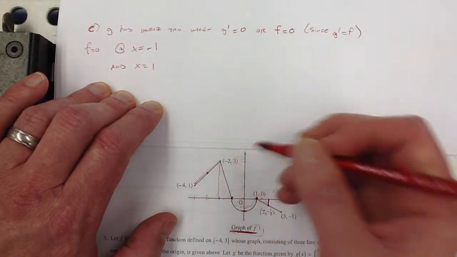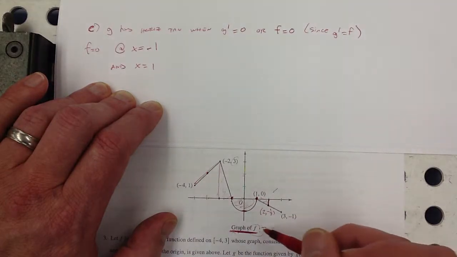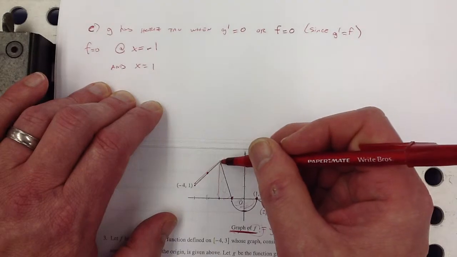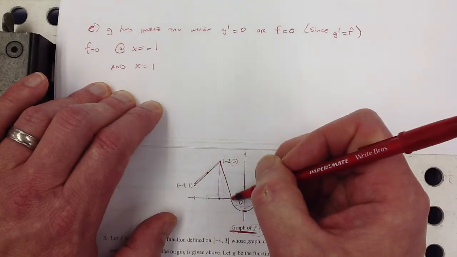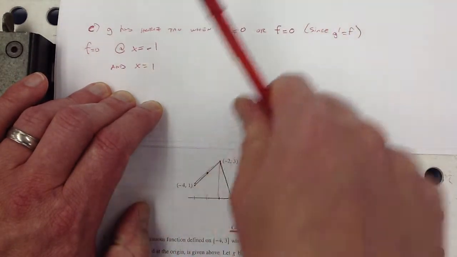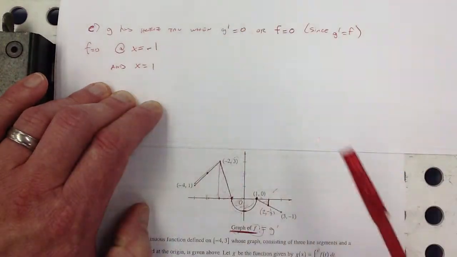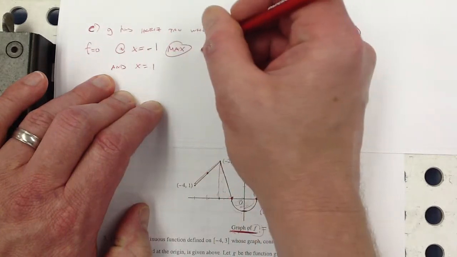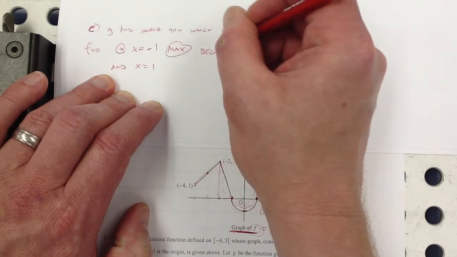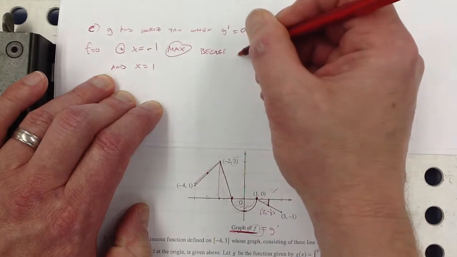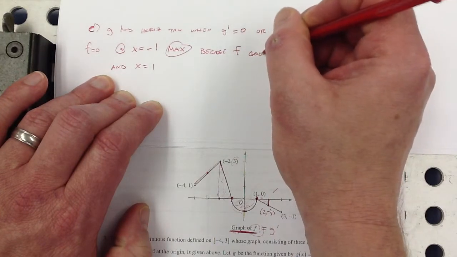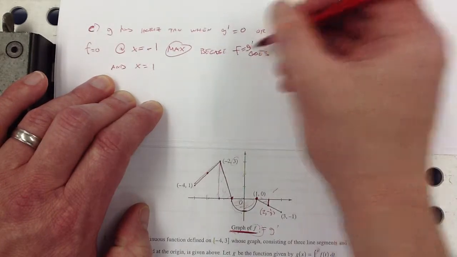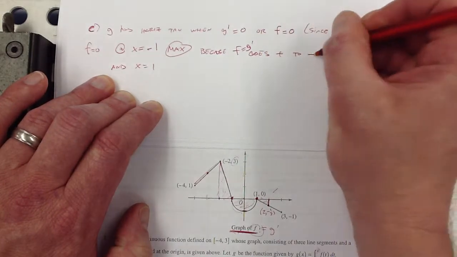At -1, since f is the same as G prime, this is telling us that the slopes of the G function go from positive to negative. So this must be a maximum, because f equals G prime goes from positive to negative.